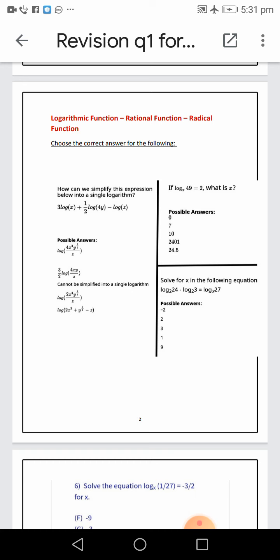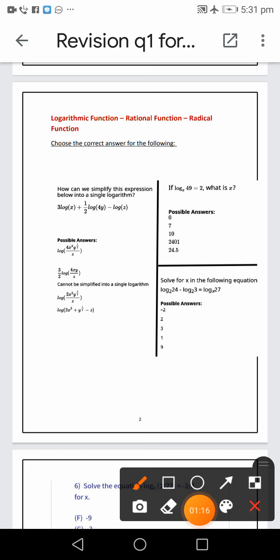Adding means multiplying, subtracting means dividing, and so on. I want you to keep all the properties in your mind, because in the exam I will bring you a lot of questions related to the properties, meaning variables, not only calculator.